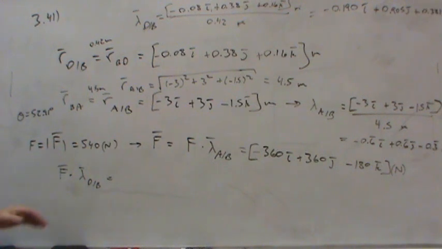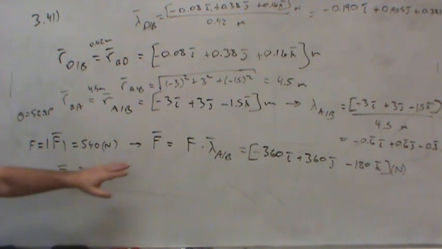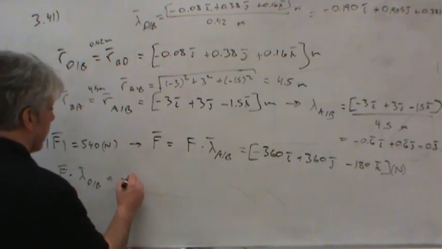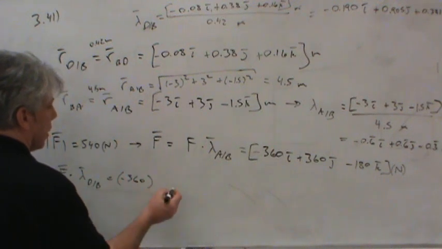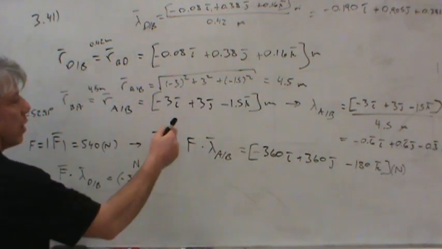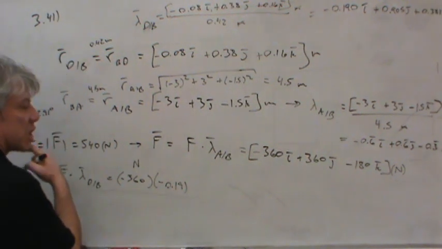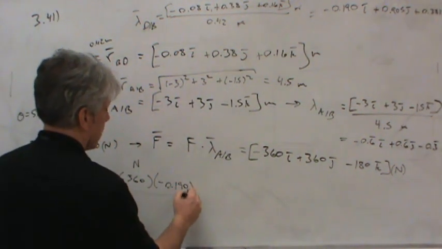And so now all we have to do is take the dot product of the force vector with that direction unit vector, and we'll have it. So we need negative 360, of course these would be newtons, times negative 0.19, which are dimensionless. I'll make it 190 just to be clear.